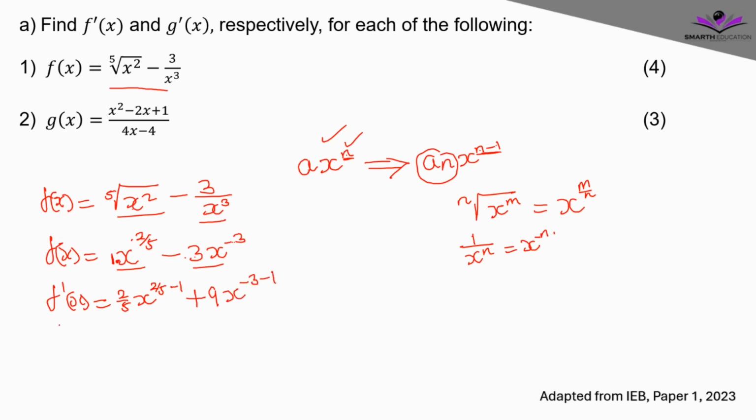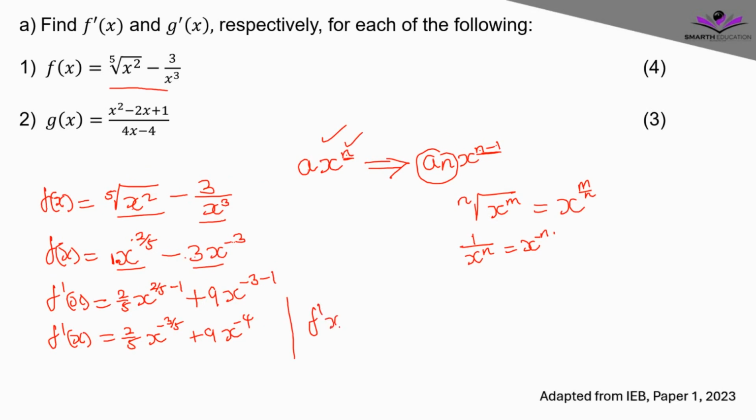Right, let's simplify this. The derivative of f of x is 2 over 5 x to the power 2 over 5 minus 1, just like saying 2 over 5 minus 5 over 5, so it's going to be negative 3 over 5, then plus 9 times x to the power negative 4. But you can write this with positive exponents.